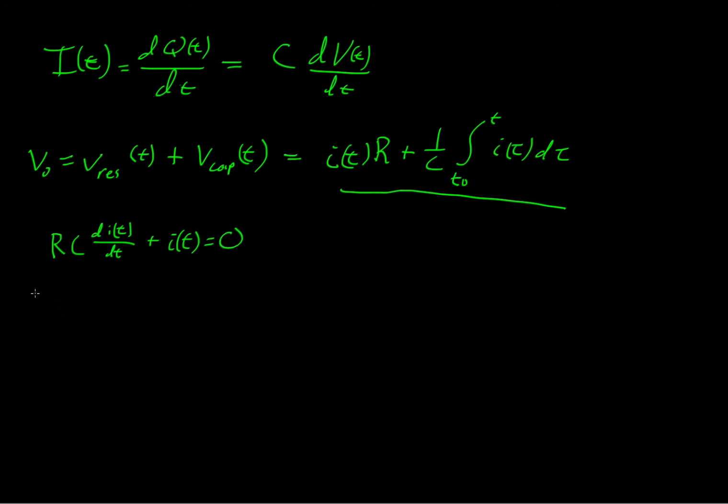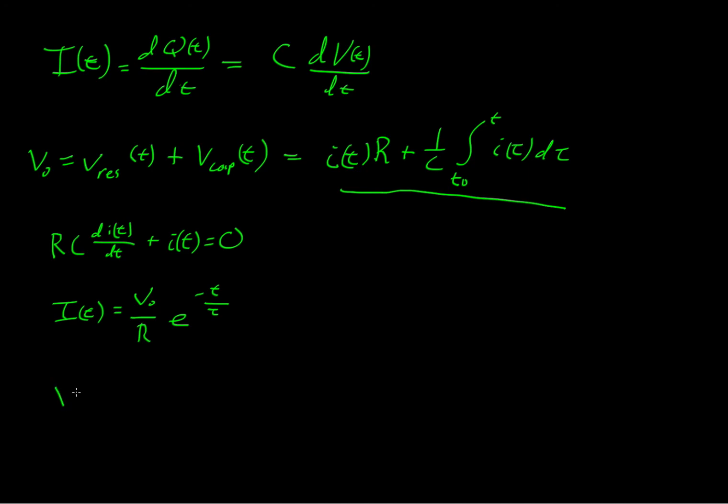And from that, we can actually get I of t equals V naught, or V of your source, over R, e to the negative t over tau, where tau is your time constant.